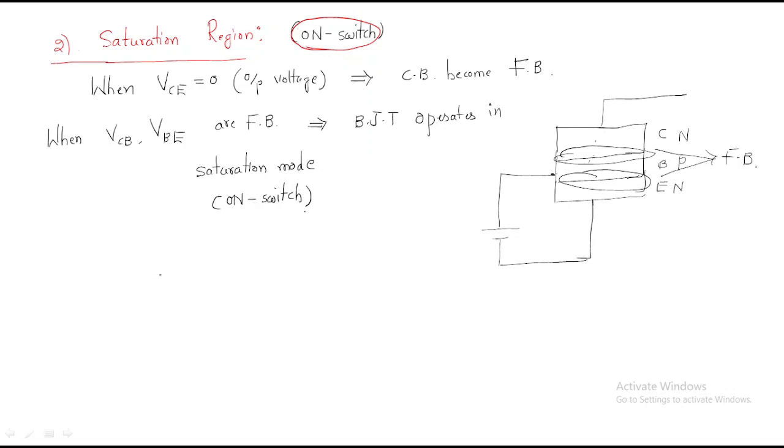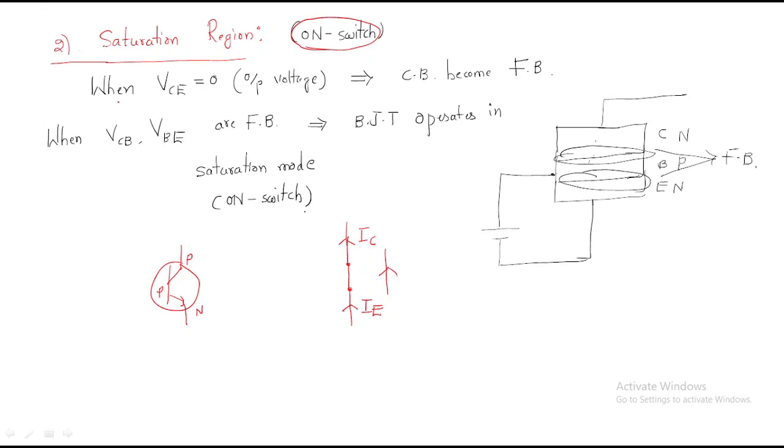We are discussing the PNP here, where the transistor acts as an on switch. Current will flow from the emitter to the collector. This is the current flow in this region.